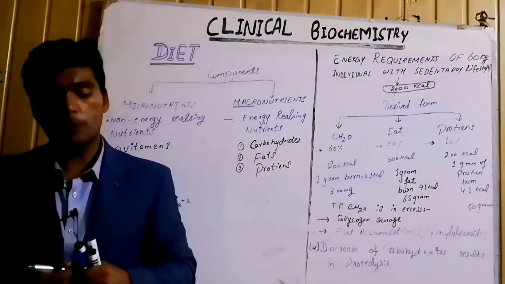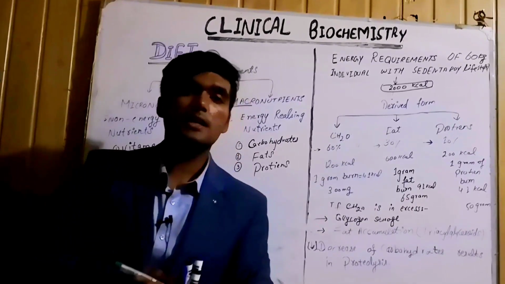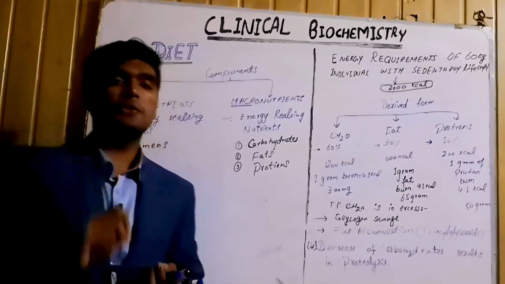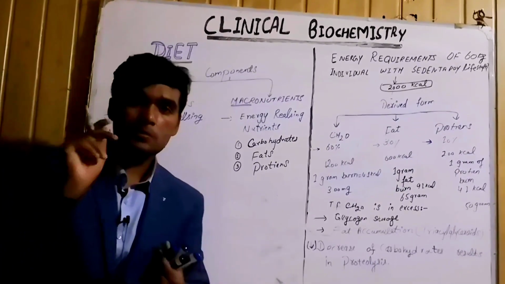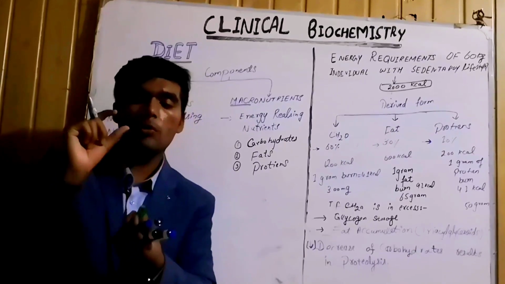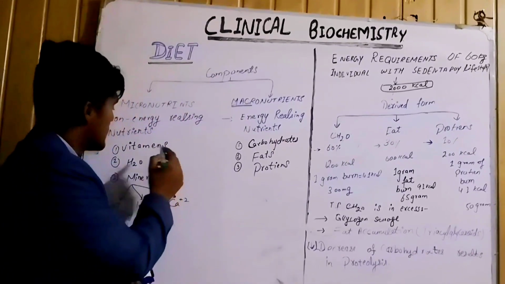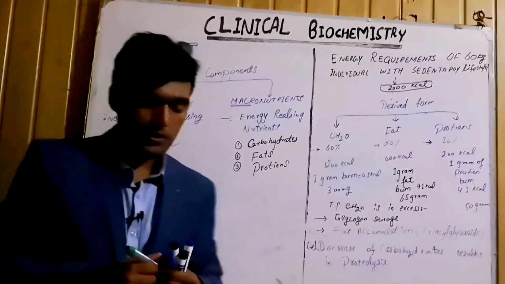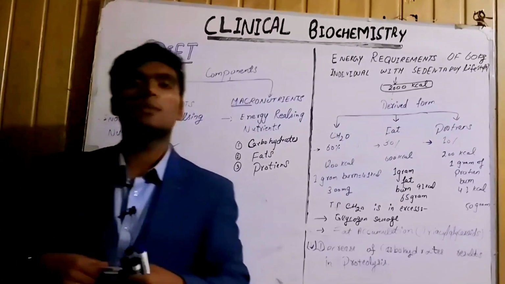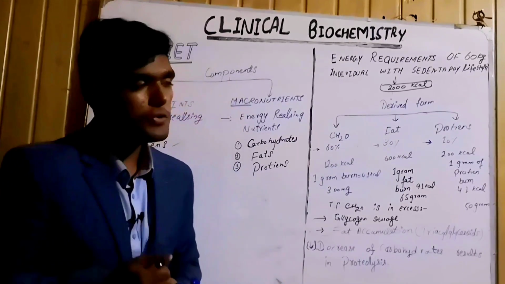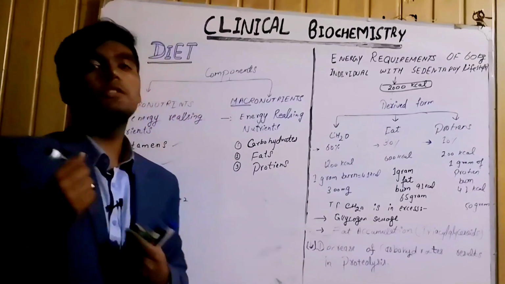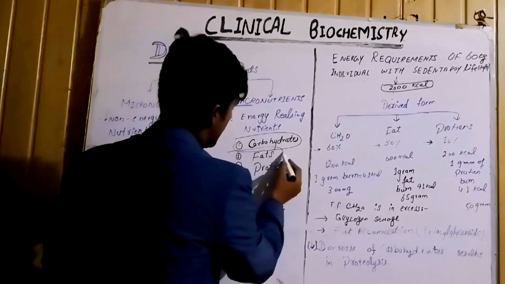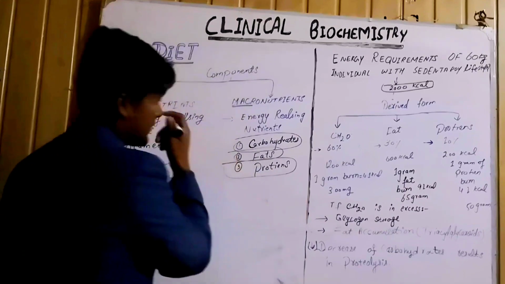Diet has 2 components: micronutrients and macronutrients. Micronutrients, as the name shows, are required in small amounts and are divided into 3 types: vitamins, water and minerals. Minerals include potassium, magnesium, calcium and phosphorus. Macronutrients are required in large amounts and are energy releasing; they include carbohydrates, fats and proteins.